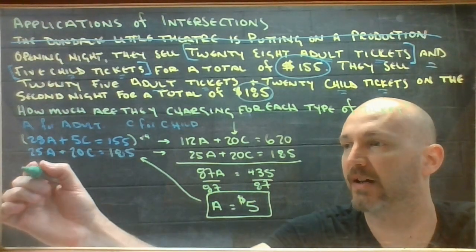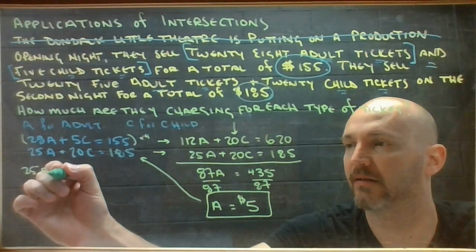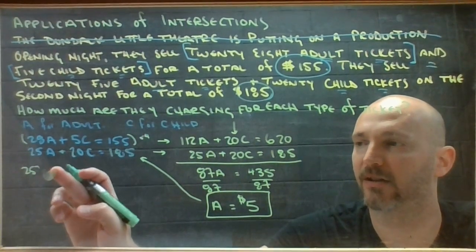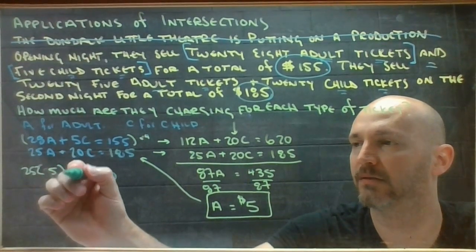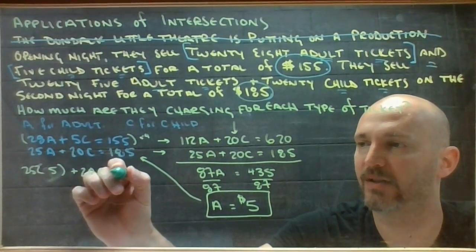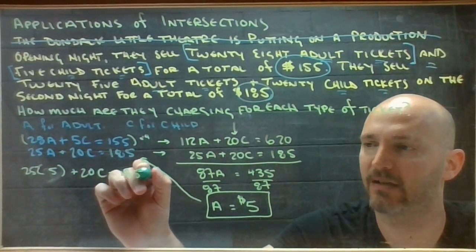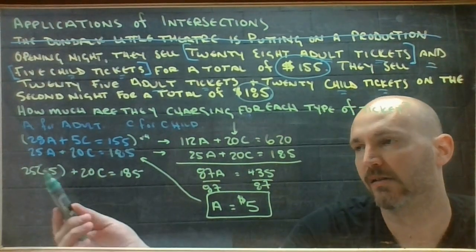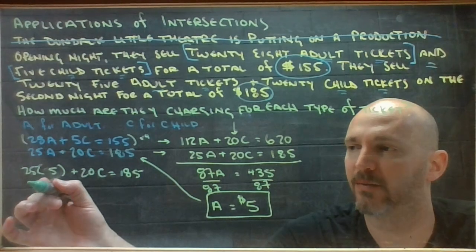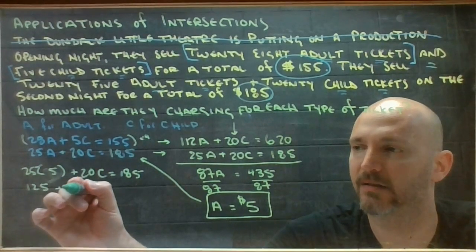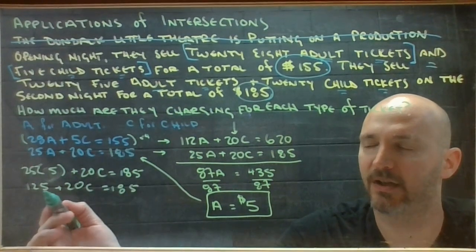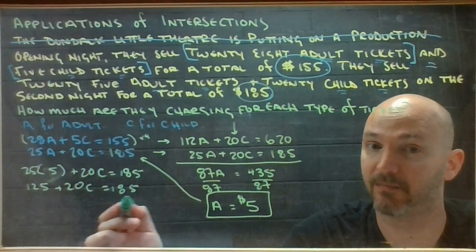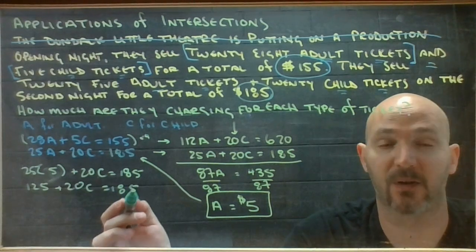So 25 adult tickets. But I know adult tickets are worth $5 now. Plus 20 children's tickets is $185. 25 times 5 is $125. So $125 of this total was from the adult tickets.